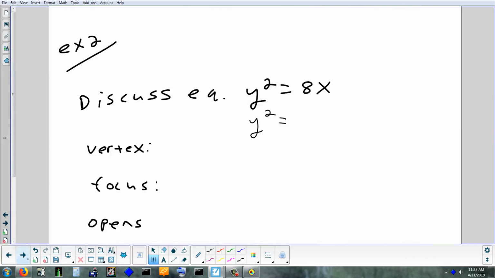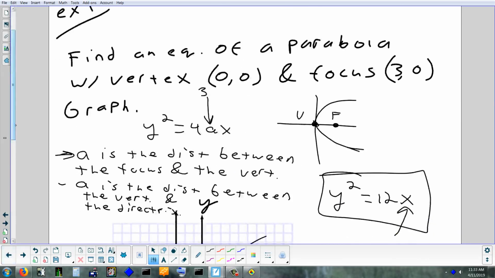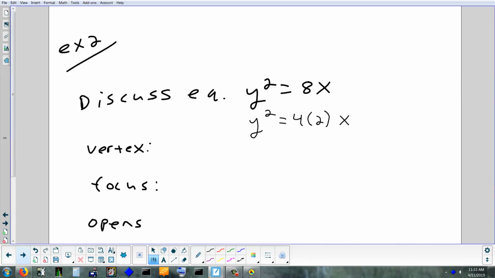So we kind of have to figure out what arithmetic did they do to get 8. 4 times 2x. And now we just pointed to it in the last problem. The number that's next to 4 is what variable? It's a. So what's a in this case? There's your 2. And there's your a. So a is 2.